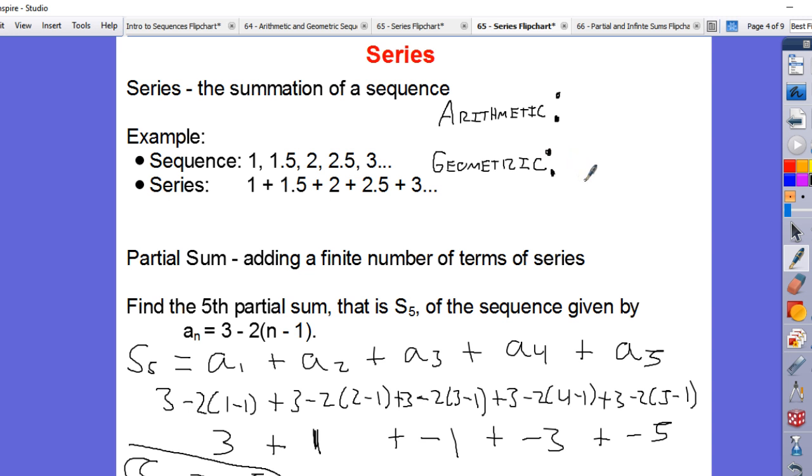Okay. So our arithmetic series is going to be n over 2.